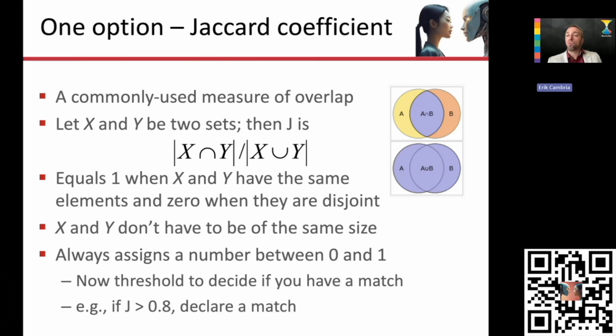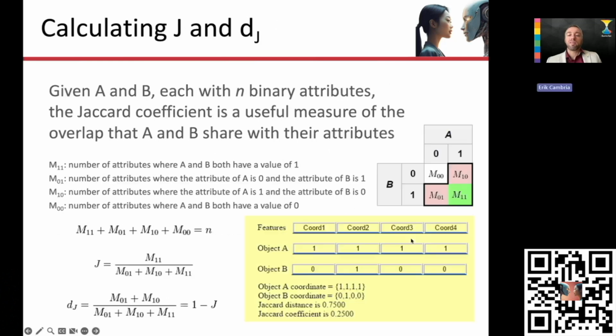How to define that? Very simply, it is the intersection between two sets divided by the union. Let's see that with an example. Let's say that I have these two vectors. Object A is 1, 1, 1, 1. Object B is 0, 1, 0, 0. How do we calculate the Jaccard coefficient?